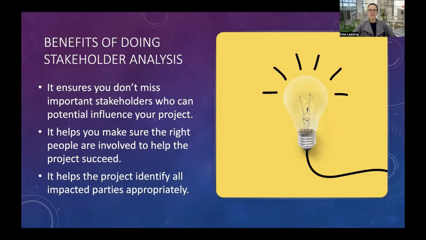It's really important for you to identify especially all those people or groups with high influence, but also those groups that are impacted quite severely. Because if you miss a group that's being impacted, it can really cause a lot of problems for your project down the line. And of course, it helps you to make sure that you've got all the right people in the room and that you're talking to all the right stakeholders. And it will also help you to identify the impacted parties appropriately.